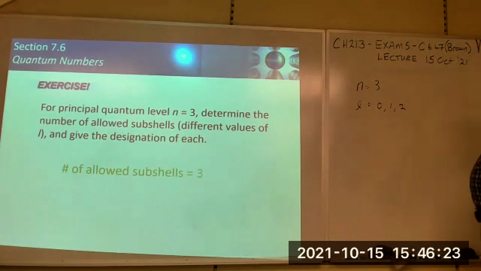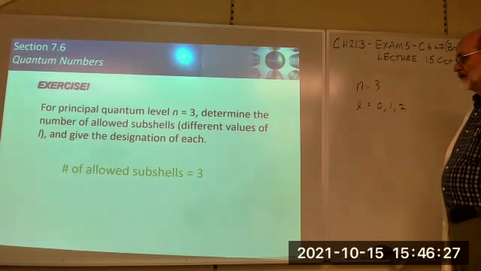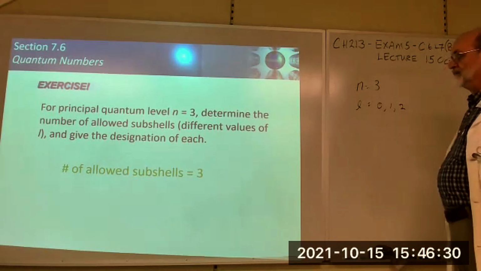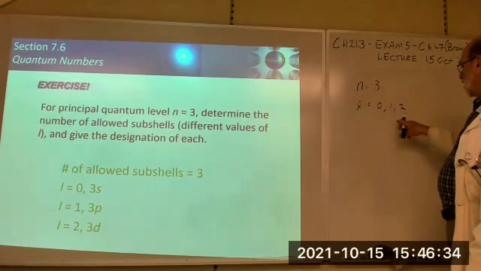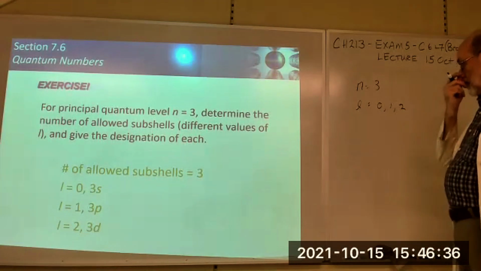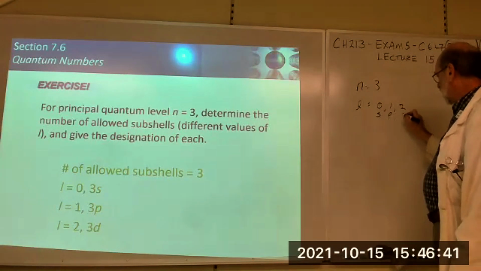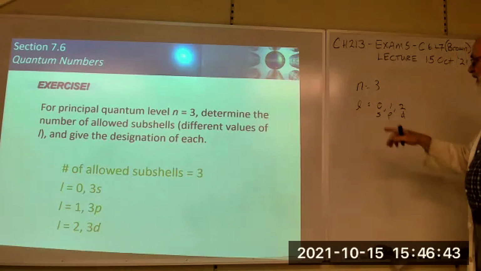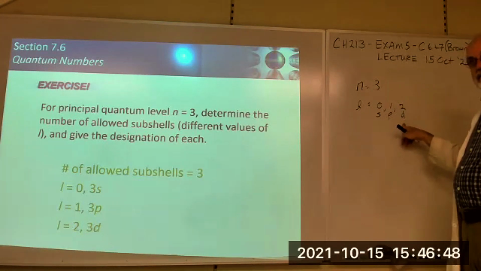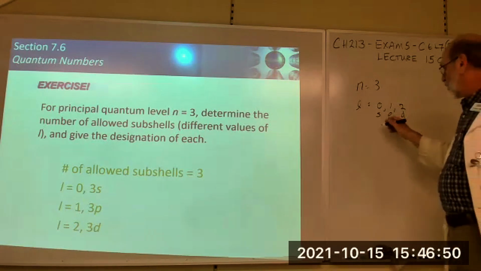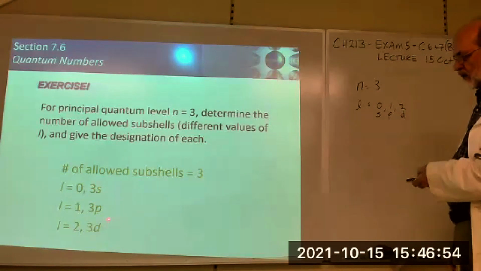So you can have 3 subshells of N equals 3. And then for each one of these, we would say this one is S, this one is P, and that one is D. So if N equals 3, you can't have anything past D. So we can have 3S, 3P, or 3D.